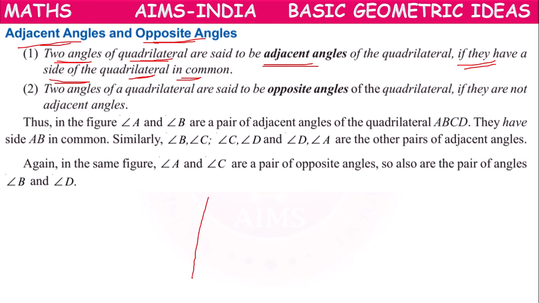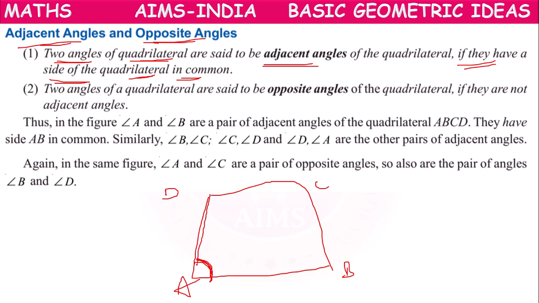Suppose we have a quadrilateral ABCD here. Suppose this is angle A. Actually, angle A is formed by these two line segments.